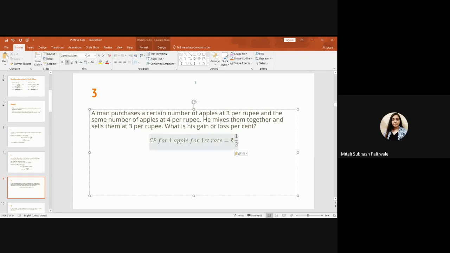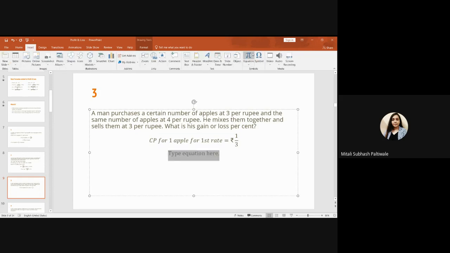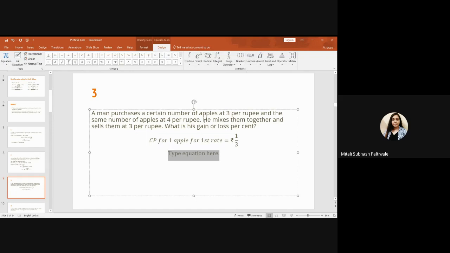Okay, now let's move to the next thing. In the other case, the rate would be 1 by 4. So CP for one apple at the second rate would be rupees 1 by 4.